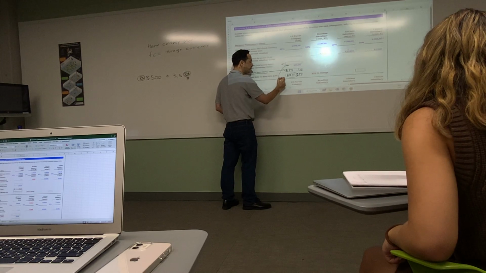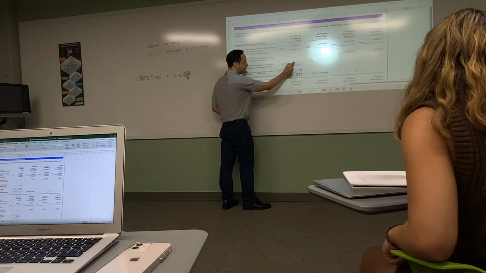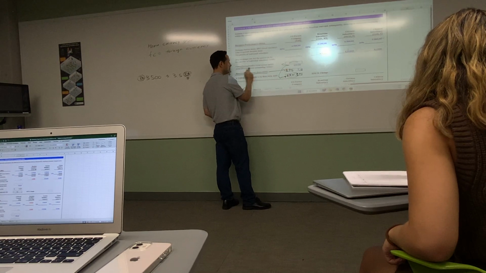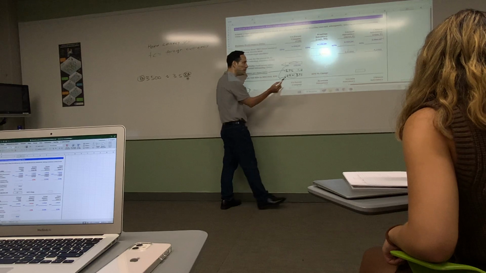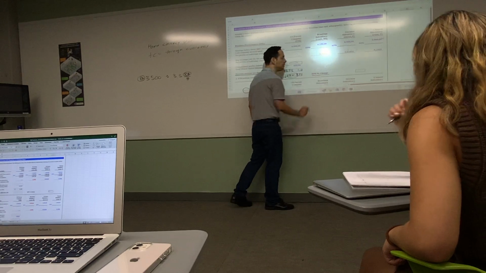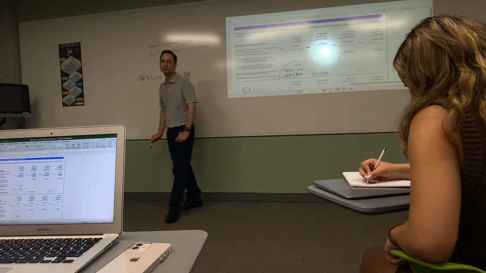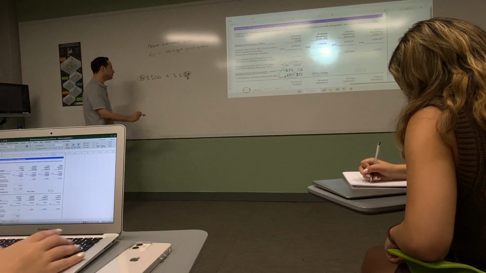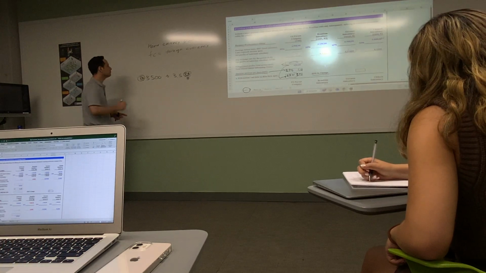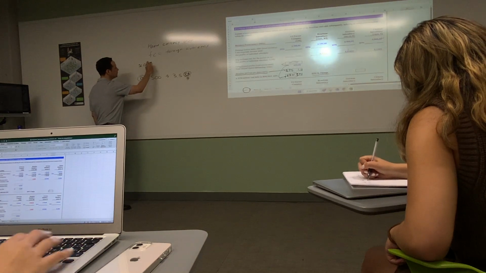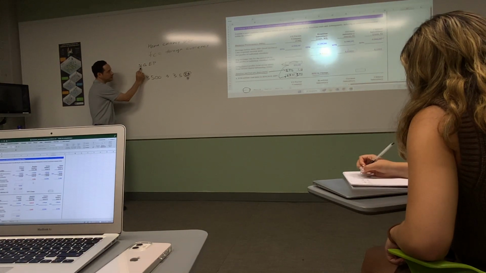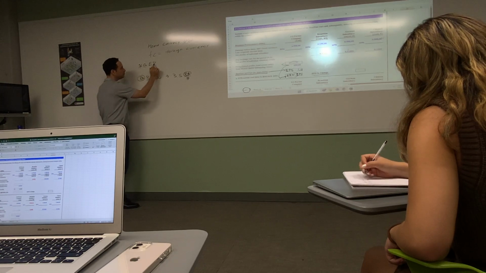You do everything the same. You calculate the new earnings per share with the new consolidated profits after this exchange rate. And then you need to calculate the percentage change in the earnings per share. Remember, this is percentage change, earnings per share.